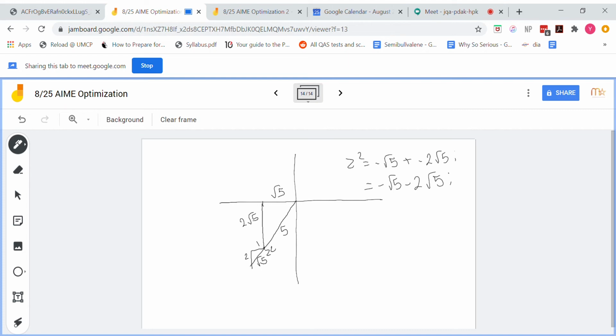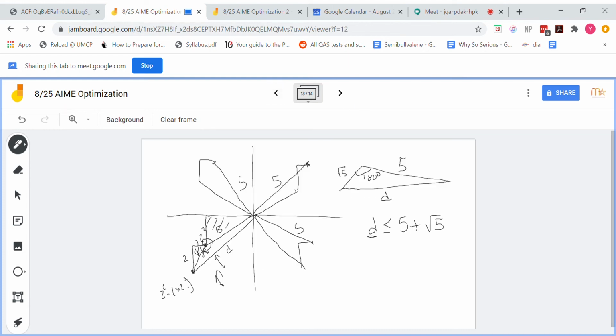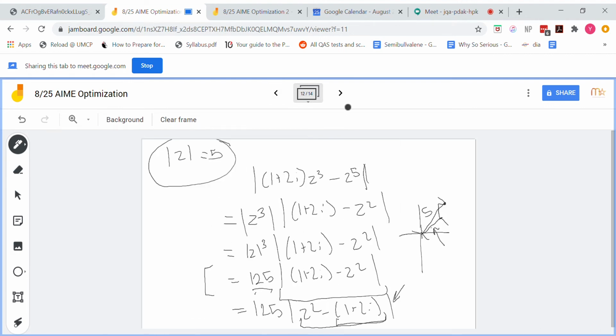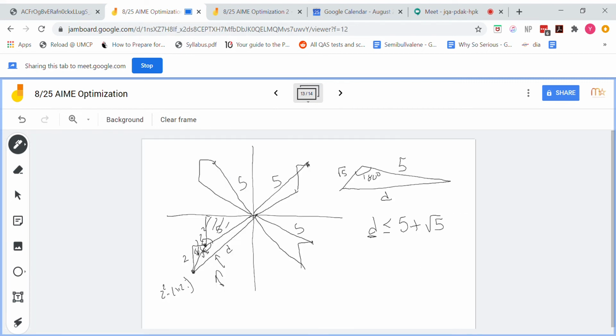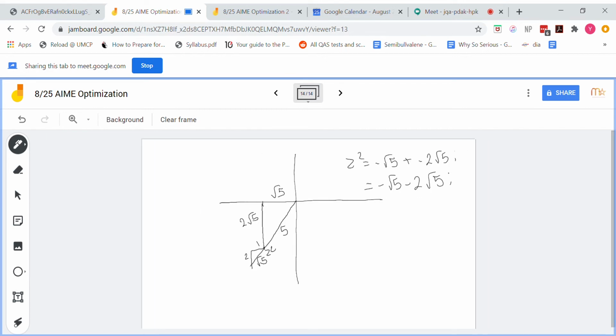And so therefore, since the magnitude of z is 5, the magnitude of z squared is 25, right? And so all these lengths are actually scaled up, and this is 25.